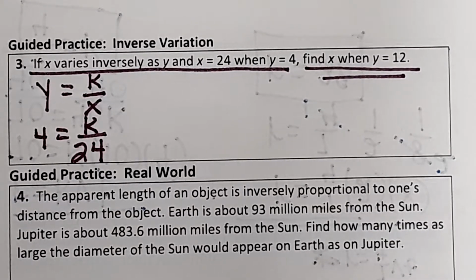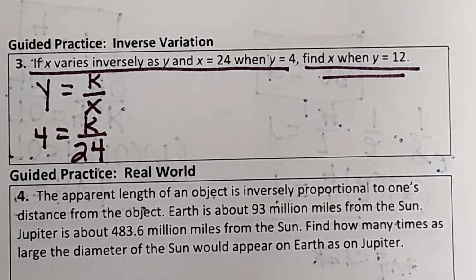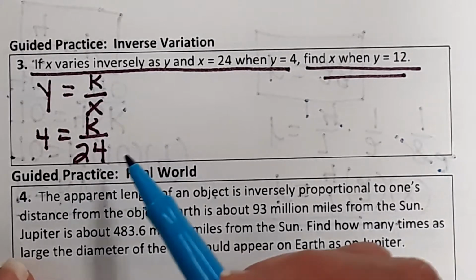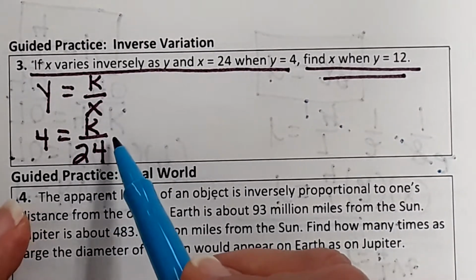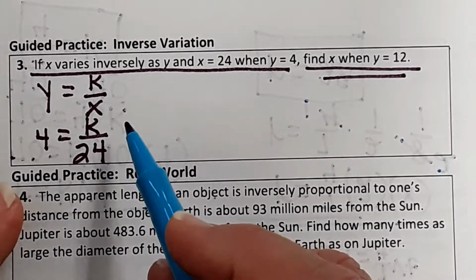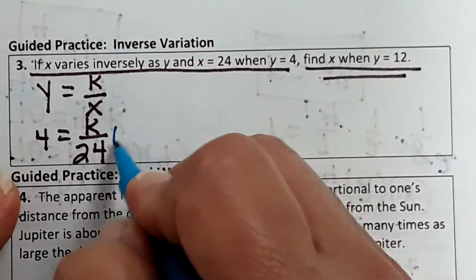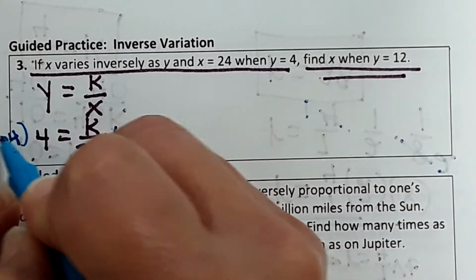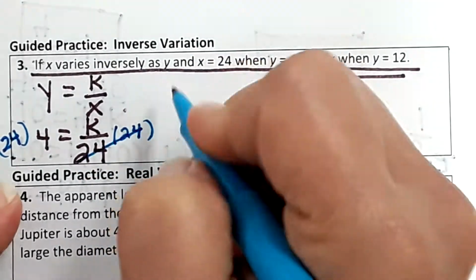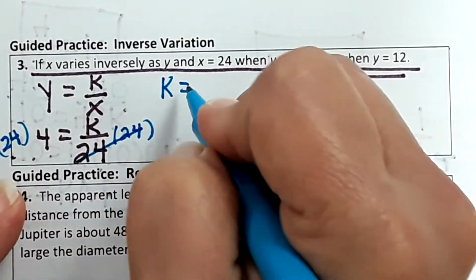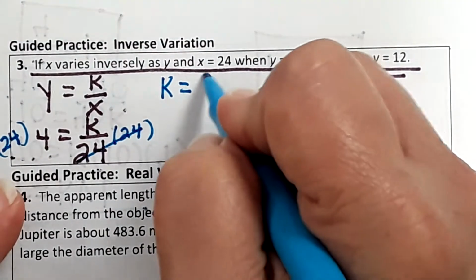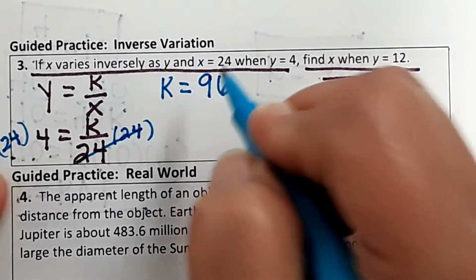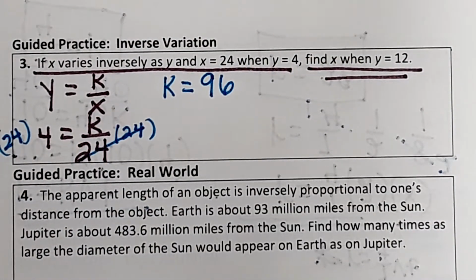You have to find k. To get rid of the 24, you're going to multiply both sides by 24. These cancel out, and you're left with k equals 96.